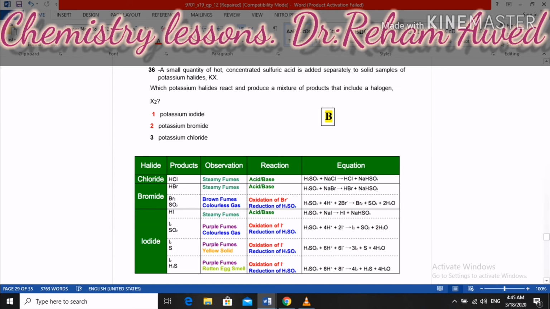If we have excess, we will have halogen plus sulfur dioxide. If we have excess, we will have halogen plus sulfur. If we have excess, we will have halogen plus hydrogen sulfide gas. So our correct answer is that potassium iodide will form iodine and potassium bromide will form bromine.